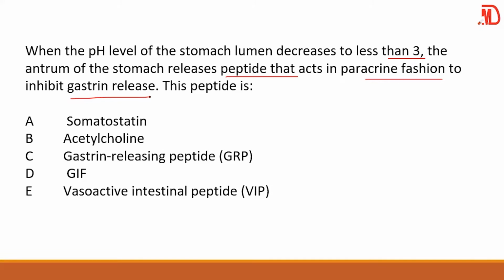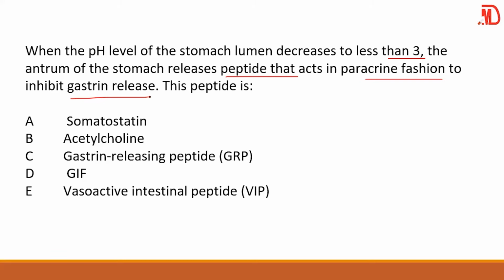Don't forget the pH: low values mean high acidity, and high values mean high alkalinity. So to have a pH of less than 3, it means it is very, very acidic. So what do you want to do? You want to inhibit the release, or give a proton pump inhibitor to prevent the release of these ions into the stomach, because it can lead to erosion or ulcer formation inside the stomach.